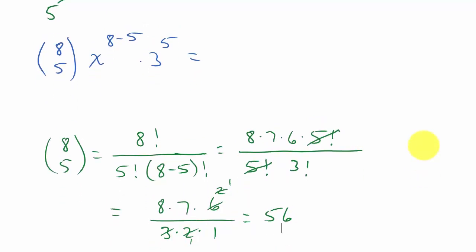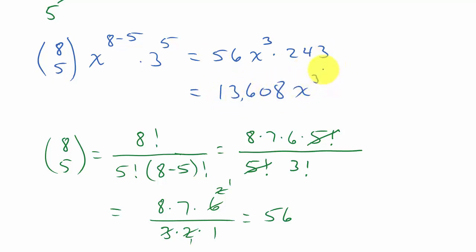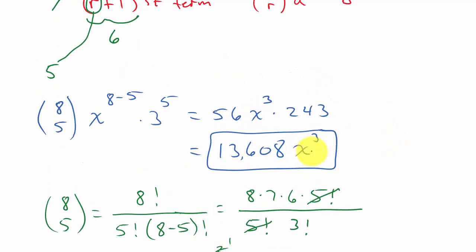So that's going to give me 56 times x cubed times 3 raised to the 5th, which is 243. Now I've got to do 243 times 56, and that is 13,608 x cubed. And so this would be the 6th term.